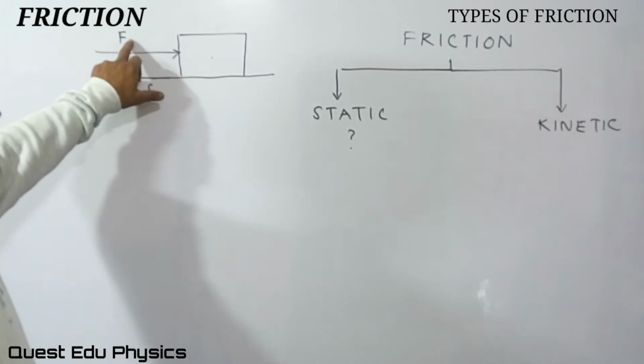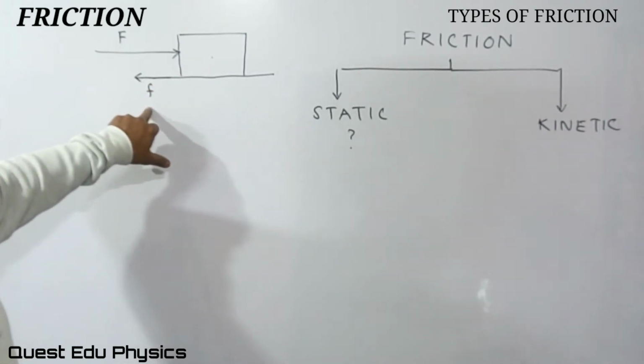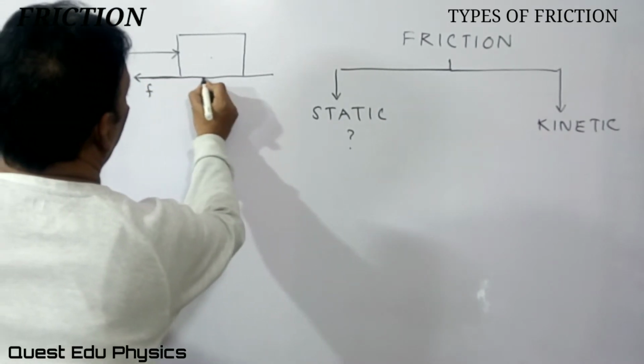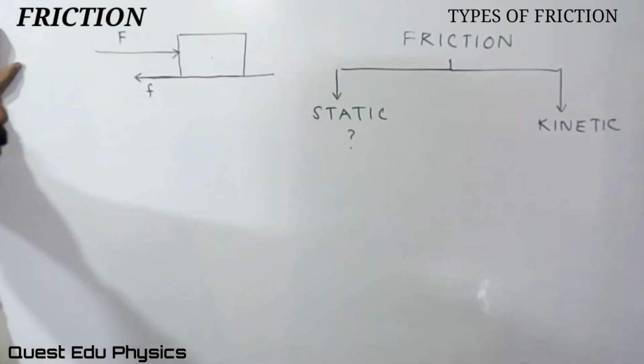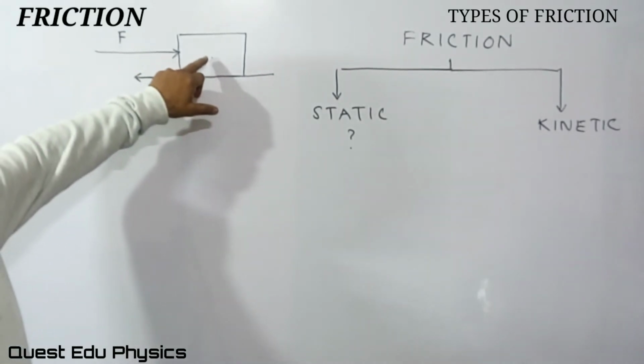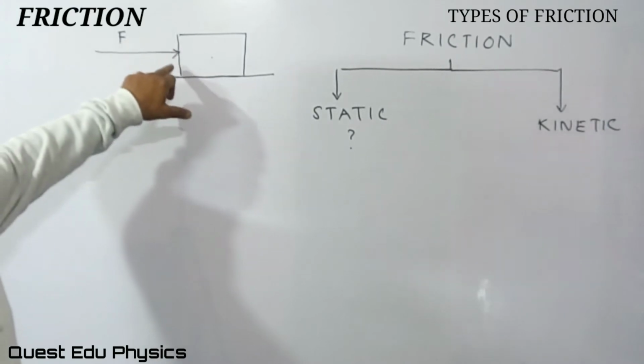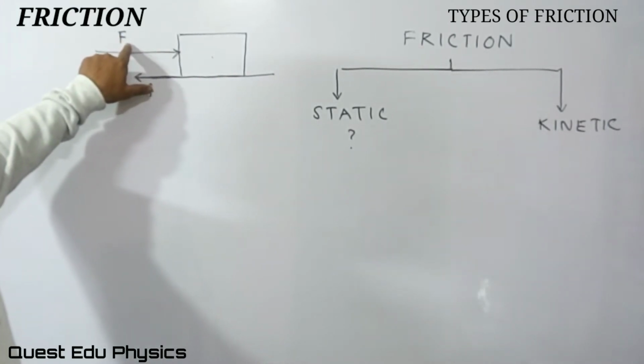Both have magnitudes F and small f respectively, and the frictional force acts along the surfaces in contact. Here I can't say the body will move by the application of a force. It may or may not move, depending upon the magnitude of the force.